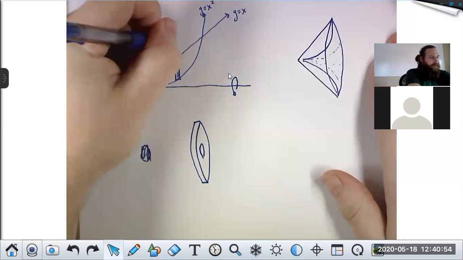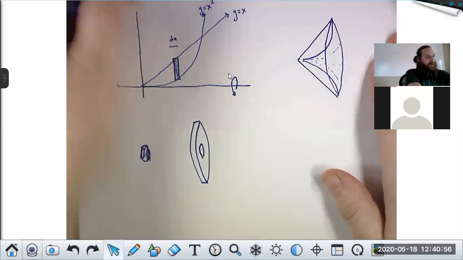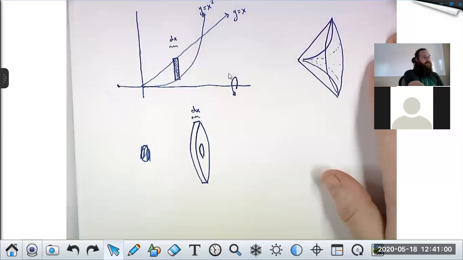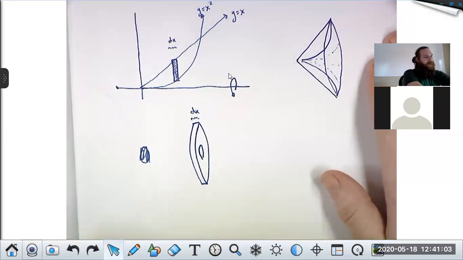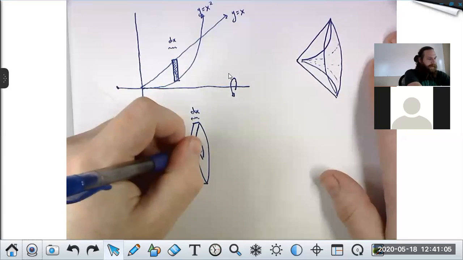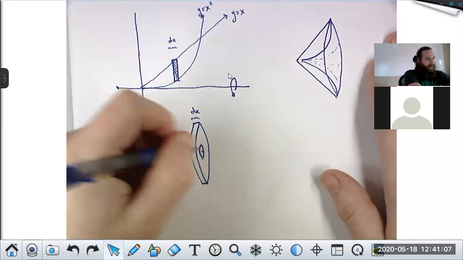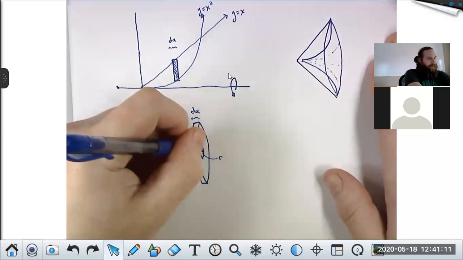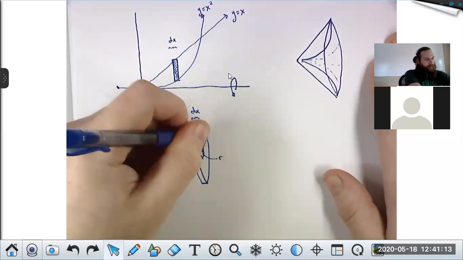The thickness of this strip is dx, so the thickness of this washer is dx. And I have two radii. I have a tiny little radius in here, and then I have a big radius out here.